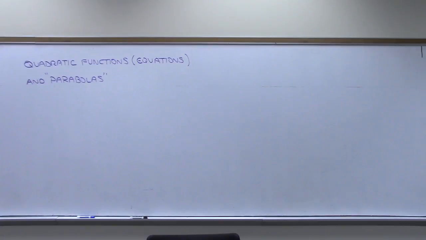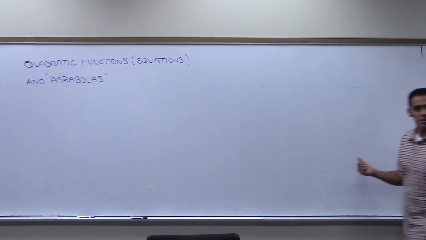The quadratic formula was a formula that allows us to solve any quadratic equation that looks like ax squared plus bx plus c equals 0. And the formula is that the answers will be negative b plus or minus the square root of b squared minus 4 times a times c, all of this divided by 2a, right? That's in your notes.